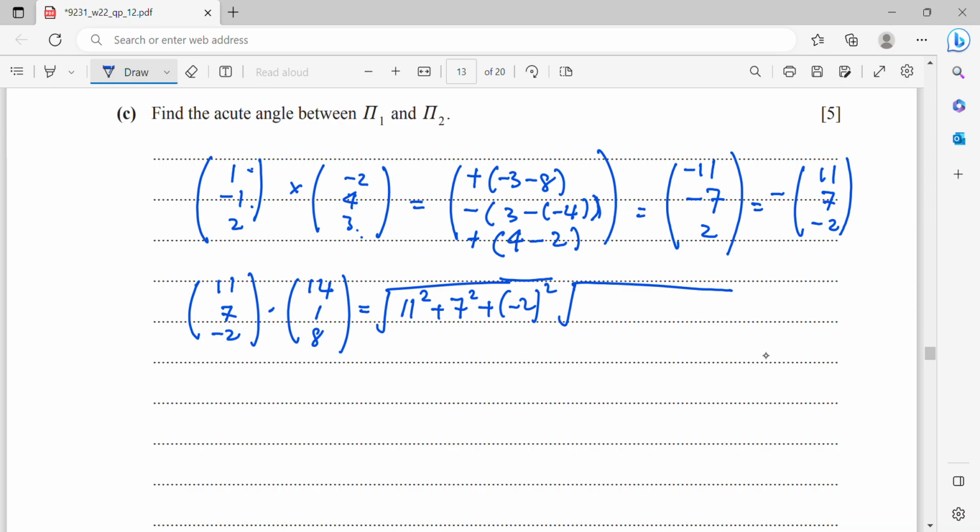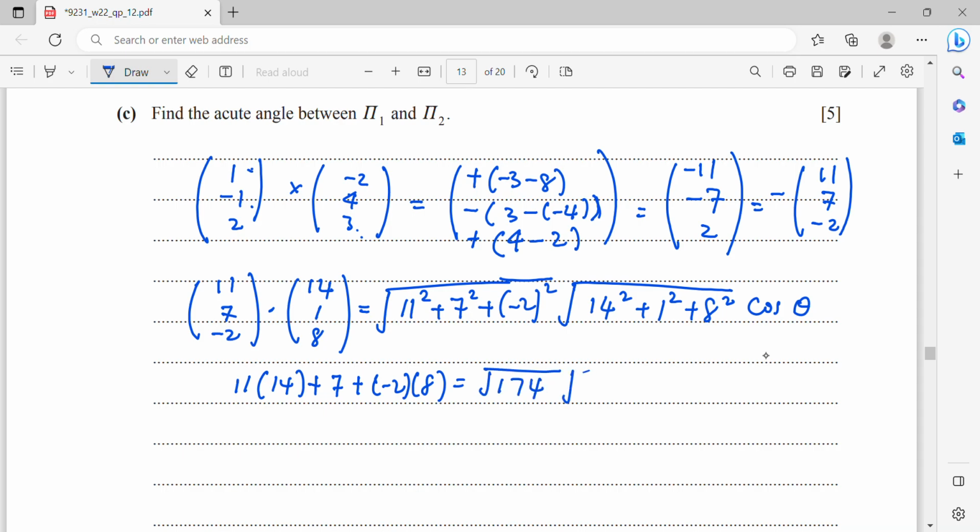And then here 14 square plus 1 square plus 8 squared cos theta. So when you multiply, left hand side, square root 174, square root 261 cos theta.